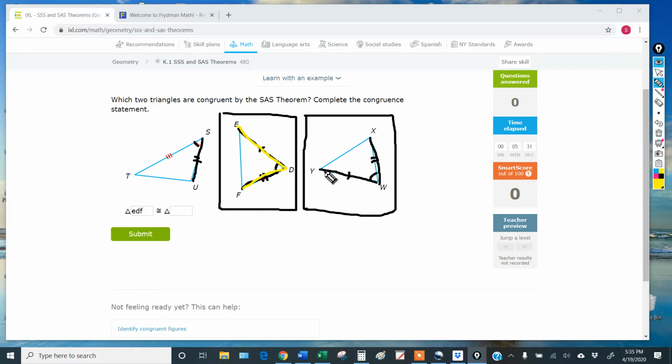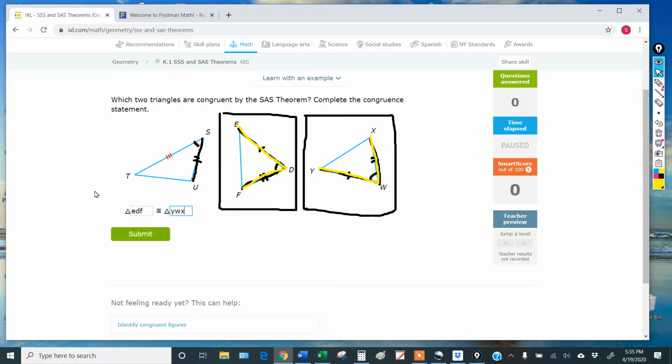So I have to do the same thing for this one, which means I'm going to start at Y, and I'm going to go over the 1 dash line, and then over the 2 dash line, so that I'm going to call this one YWX. I think if you don't put these letters in the same way in this triangle and in this triangle, then it doesn't give you credit for it. I would, but IXL doesn't give you credit for it.